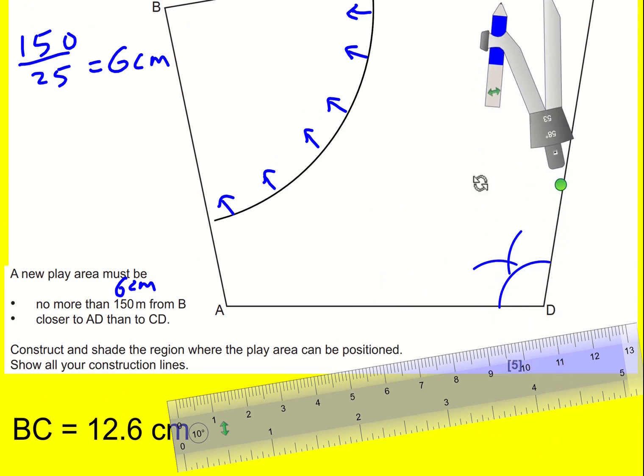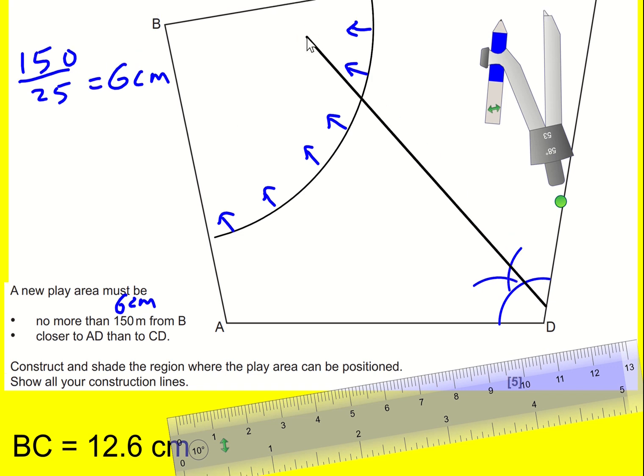Now what this means is essentially we've created a rhombus, because this length to here and to here and to here and to here, they're all the same, and we're basically drawing a diagonal through a rhombus, and it will split the rhombus into two, and the consequence is that it will split the angle into two.